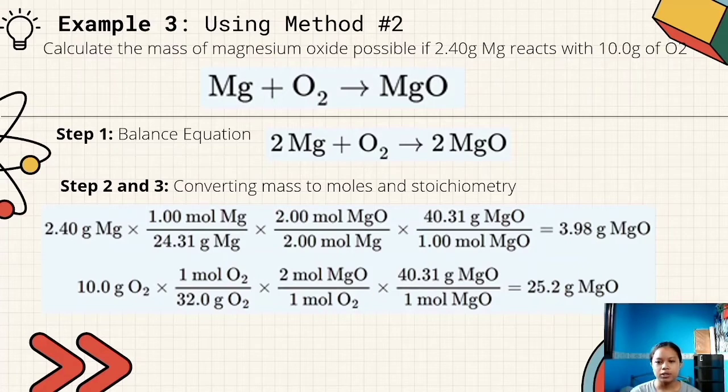It is the equation 2 moles of magnesium oxide over 1 mole of oxygen gas. After this, we will multiply it to the value of 1 mole of magnesium oxide to mass, which is 40.13 grams. Thus, the result will be 25.2 grams of magnesium oxide.